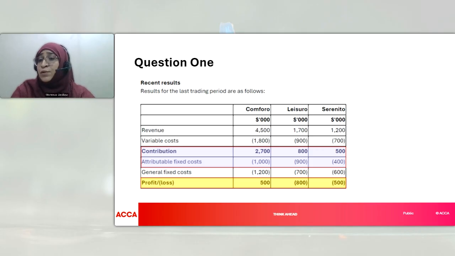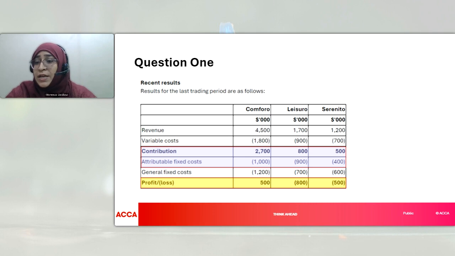So the relevant information that we now need to focus on in this table are the rows that I've highlighted, which would be contribution and the attributable fixed cost. If you focus on the contribution, because that is key information for decision making, we see that all 3 chairs are actually giving us a positive contribution. So 2,700, 800, 500, which is of course absolutely brilliant.